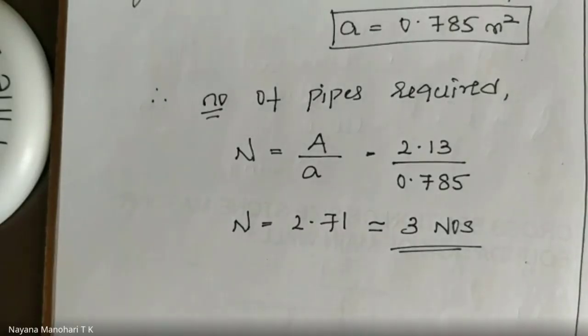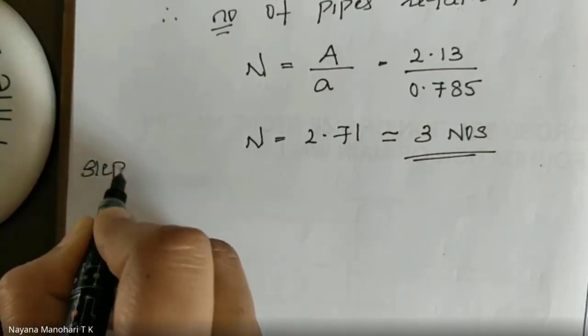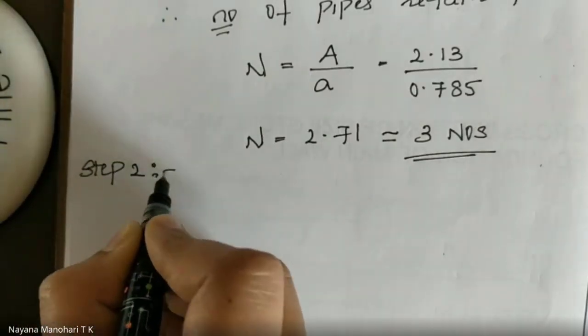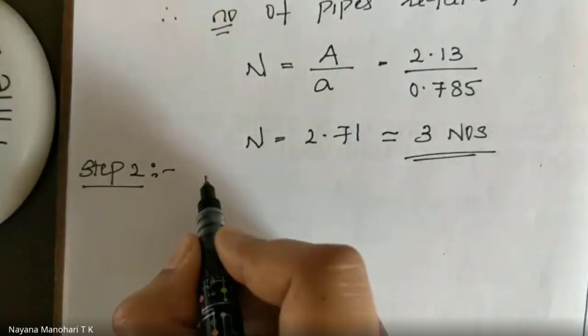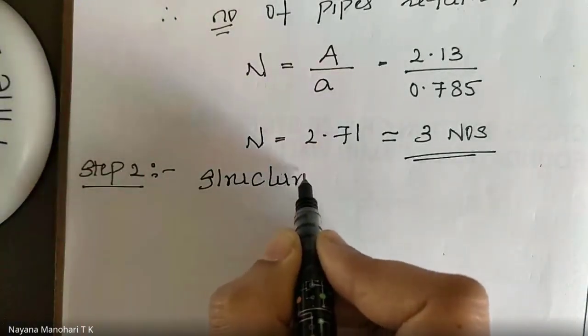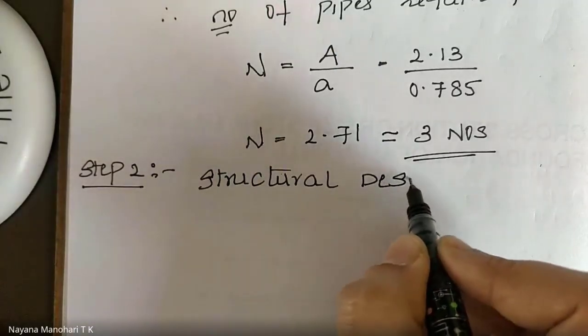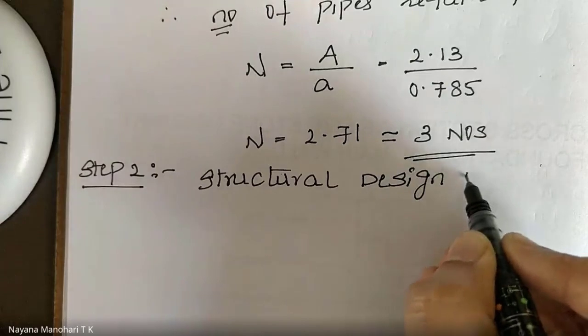Okay. Next, step 2. What is it? Structural design. Structural design of pipe culvert.